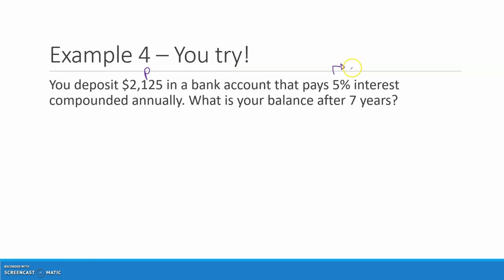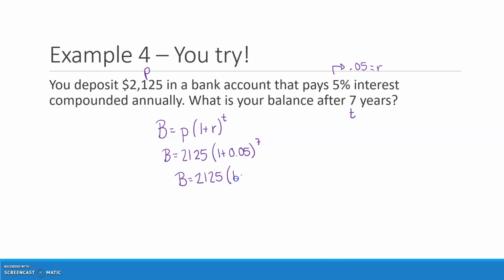Going to label what I know. And this is our T value. So we're going to have, back up. Got to write my formula first. B equals P times 1 plus R to the T, and B equals 2,125 times 1 plus 0.05 to the 7th power, and we get B equals 2,125 times 1.05 to the 7th power.